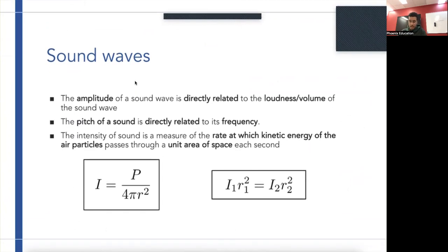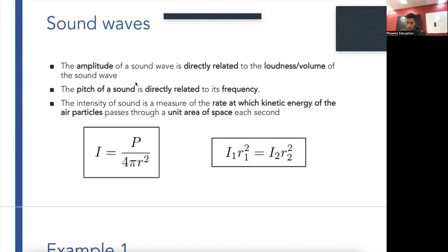The amplitude of a sound wave is directly related to its loudness or volume. That's pretty intuitive. However loud the sound wave is will describe its amplitude. And the frequency of a sound wave is dependent on the pitch. If the pitch is really low, that means the frequency is really low. If the pitch is really high, that means the frequency is really high. Those are some intuitive definitions.